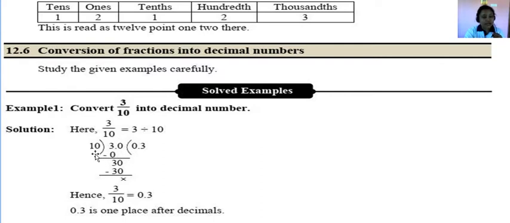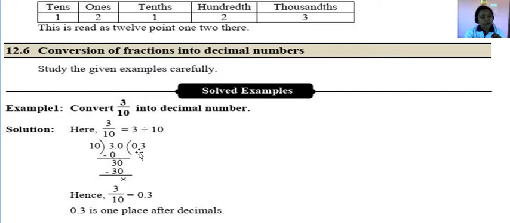So what can we do here? 10, how many is a 3? It cannot be, because the numerator is smaller here. So we need to place 0 point here. Then 10 zeros are 0, and 3 minus 0 is 3.